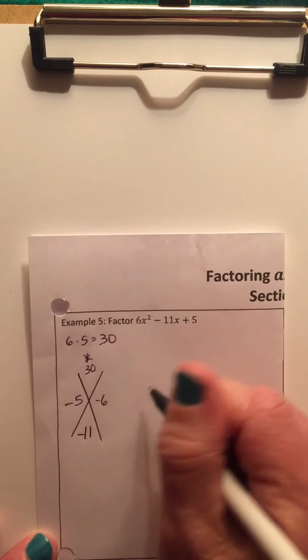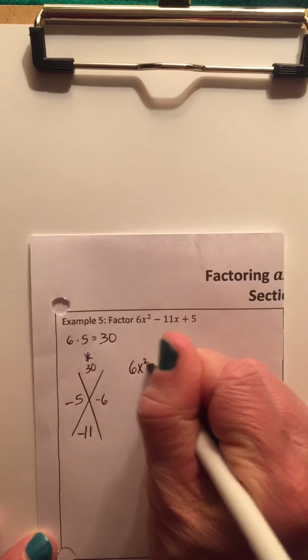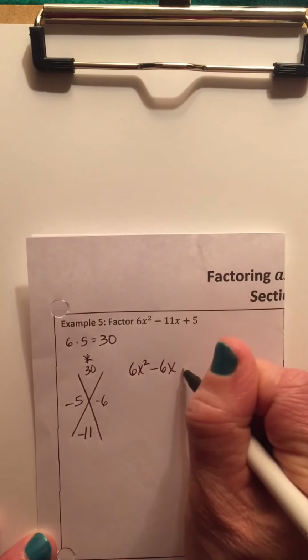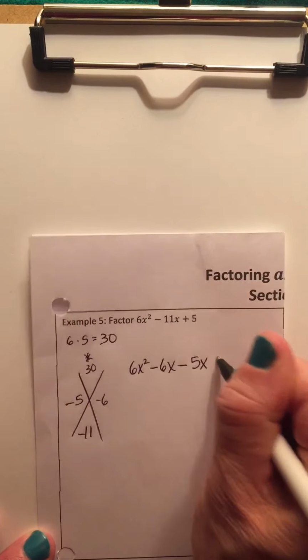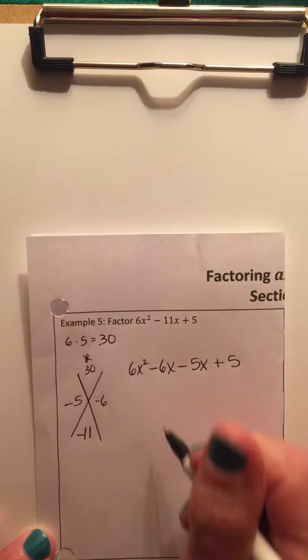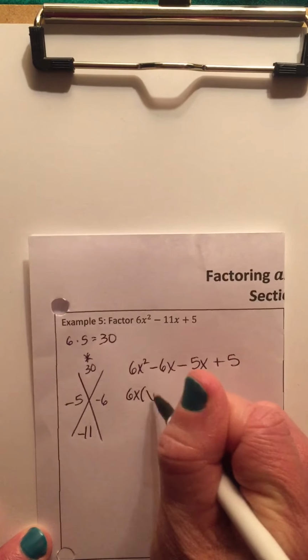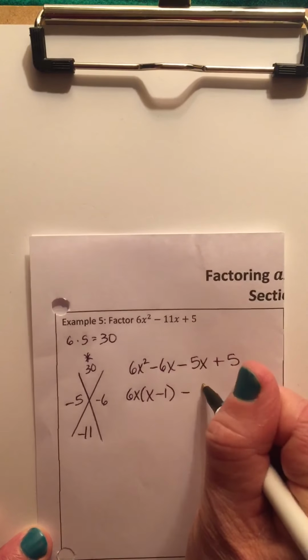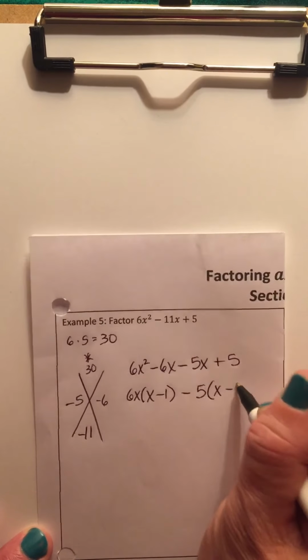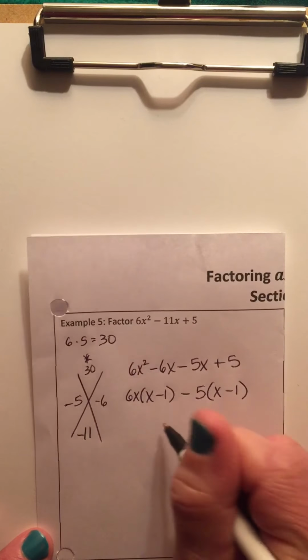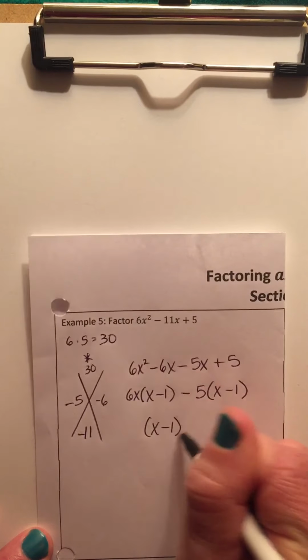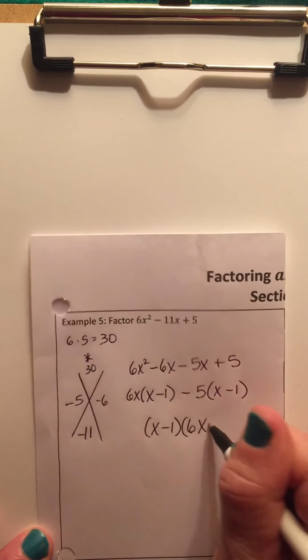So I'm going to go ahead and write 6x squared minus 6x minus 5x plus 5. Factor by grouping, 6x times x minus 1 minus 5 times x minus 1. They both have a factor of x minus 1 times 6x minus 5.